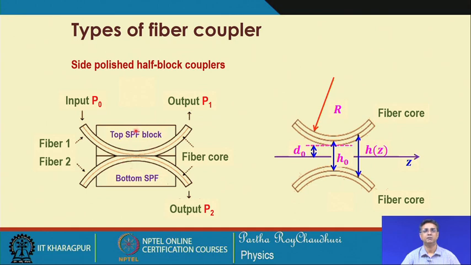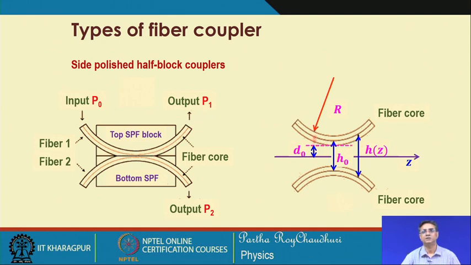This is the top side polished block, and each of these blocks is polished in this region, so that a part of the cladding is removed and you reach almost close to the core. Then these two fields can interact evanescently, and the light given as input into this can couple into this, and part of the light will be transmitted through this.